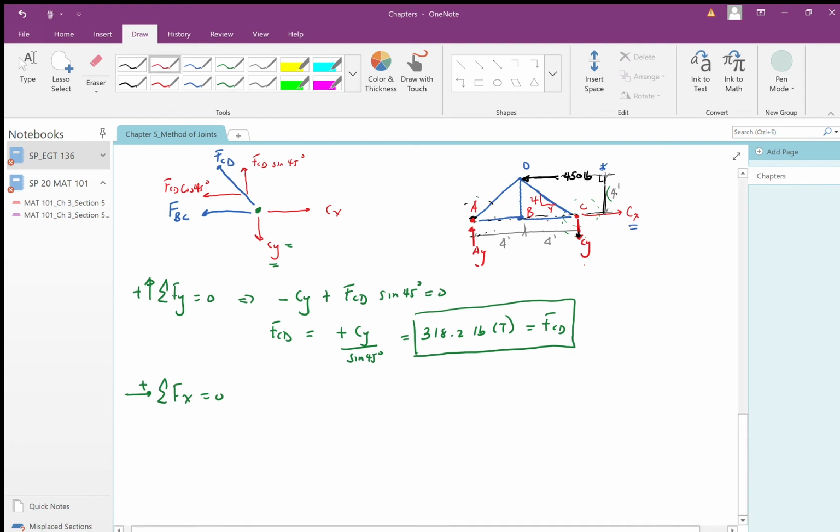And that's going to be negative FBC plus CX, and then minus FCD cosine 45 degrees equals 0. And when I do the math, I'm going to get FBC equals a positive 225 pounds, and that's going to be in tension. Okay.